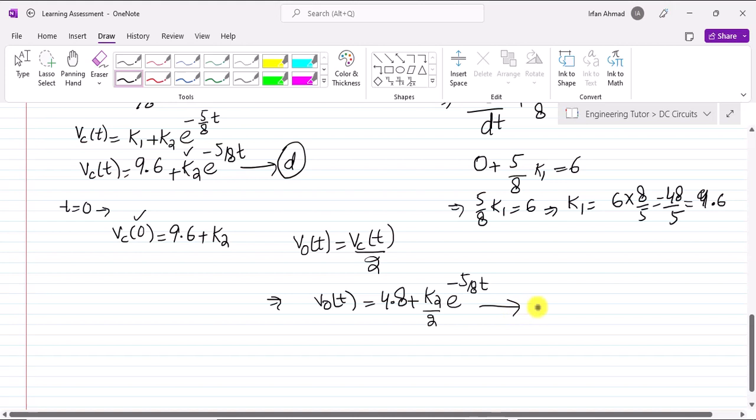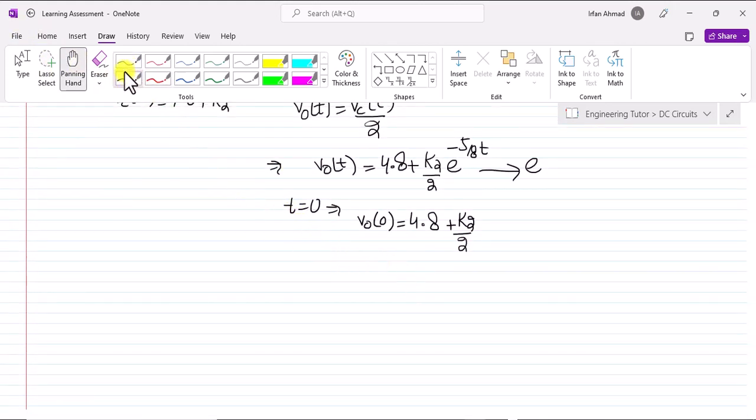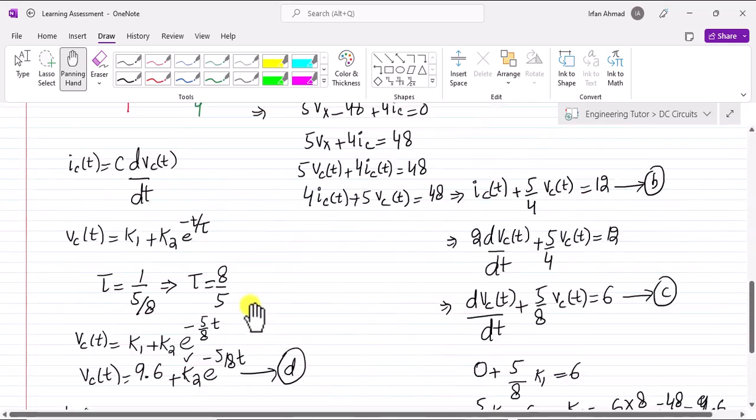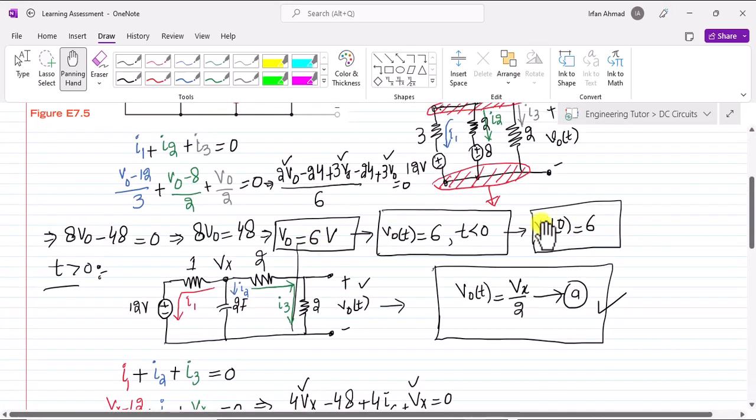Let me call it equation D. Now writing t equal to 0 here, that would become V naught of 0 equal to 4.8 plus K2 by 2. We have to find the values here, so we put the value of V naught of 0, which is the same value we found earlier, and that is 6.